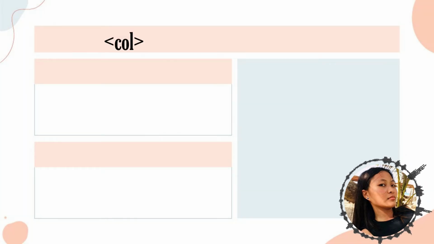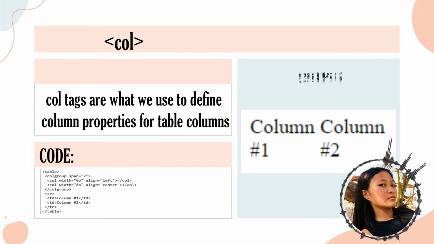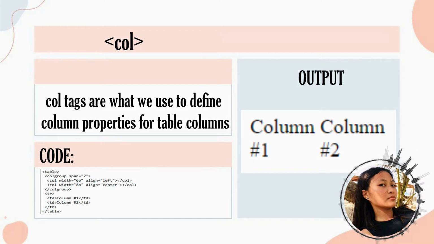Next, we have the col tag. Col tags are what we use to define column properties for table columns. As you can see in our syntax here, colspan equals col width and then colgroup. Close that. And then TD for column 1 and column 2. And then we close TR and then close the table tag.